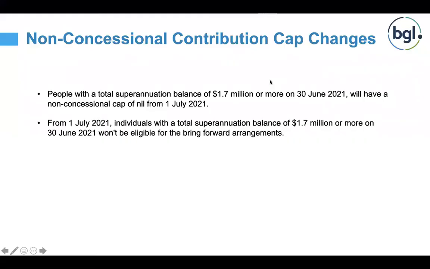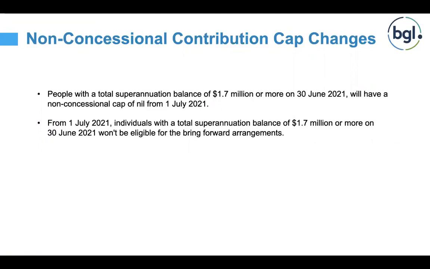Now, finally, I'll finish off with some of the non-concessional contribution cap changes. This is going to be quick. After this indexation change from the 1st of July 2021 onwards, individuals with a total super balance of 1.7 million or more are going to have a non-concessional cap of 0, starting from the 2022 year onwards.